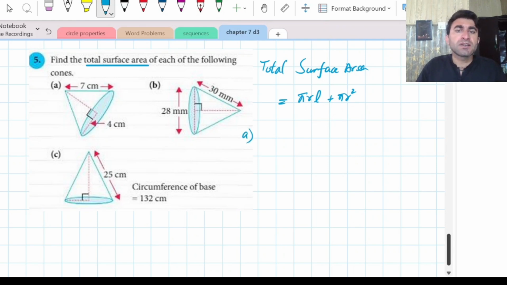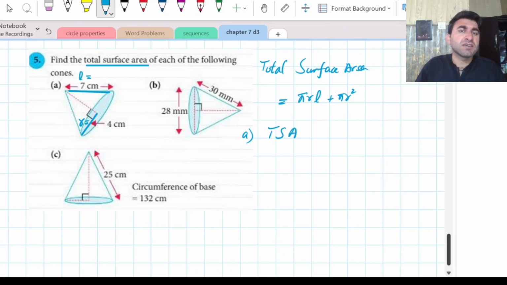So in part A, we are given the slant height here, it is 7, which we represent with l, and the radius of the base is given as 4 centimeter, and these are the two things which we require in the total surface area formula.